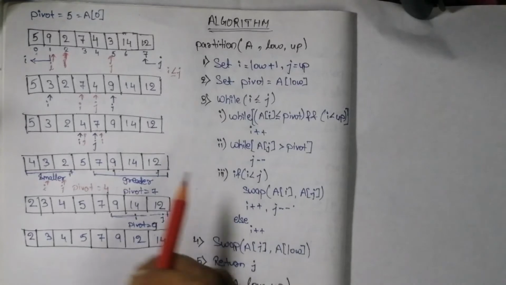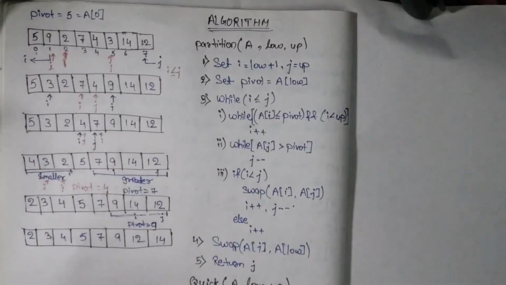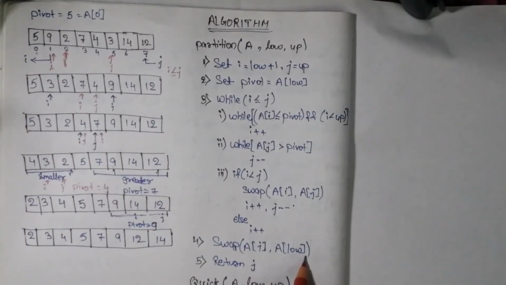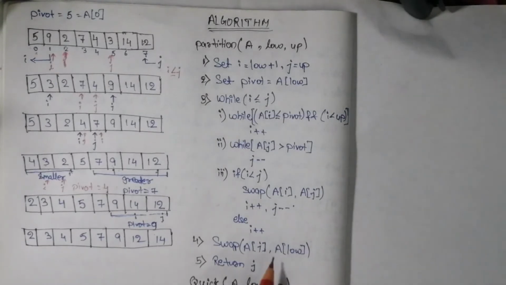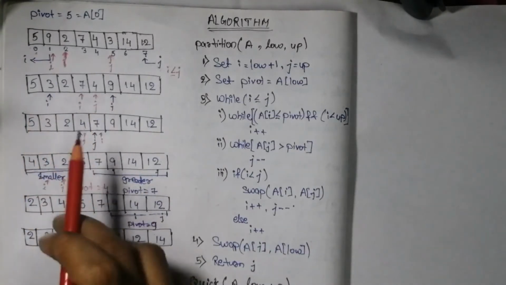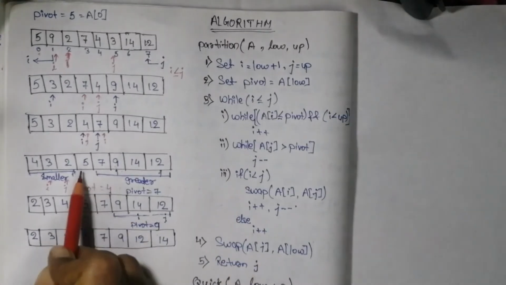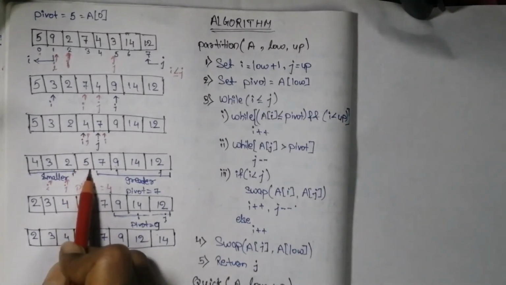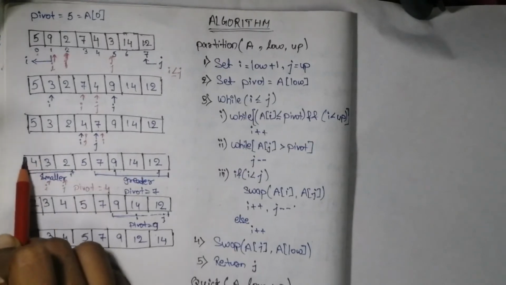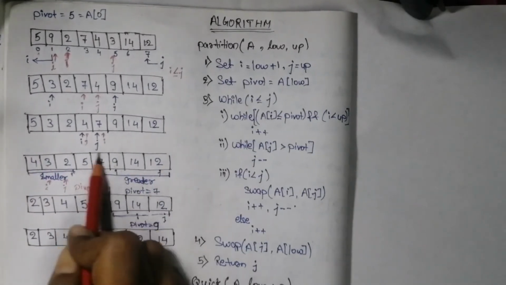That means the lower element is nothing but the pivot element. So we will swap both of them. In this way, the pivot element gets its sorted position. Now we will return the value of j, that means the position which is the point for partitioning the list into two sublists.